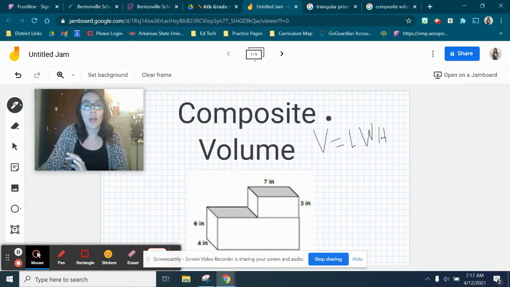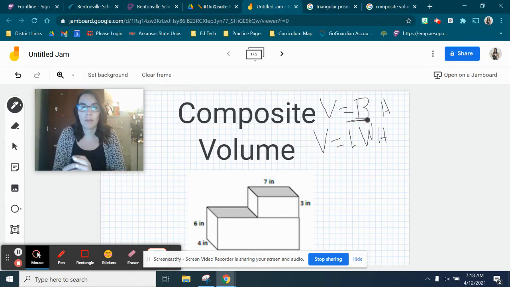They actually all come from the same formula: volume equals the base times the height, where the base is whatever the shape of the base is. In our shape it is a rectangle, so the base is length times width. A triangle would be 1/2 base times height.